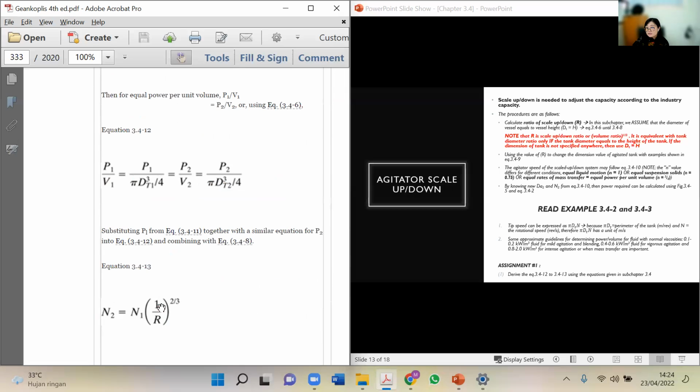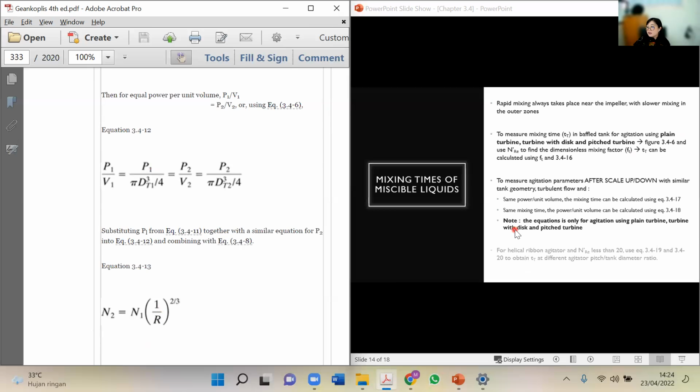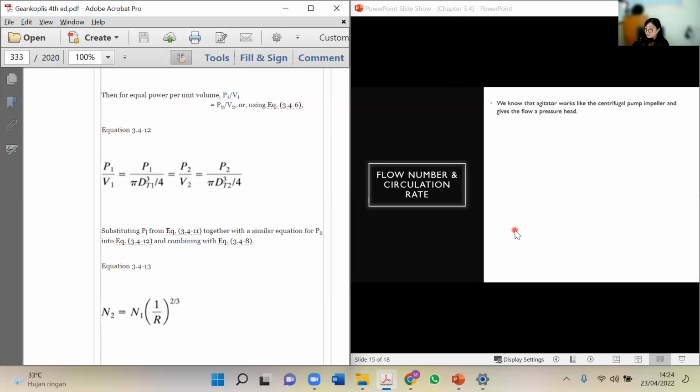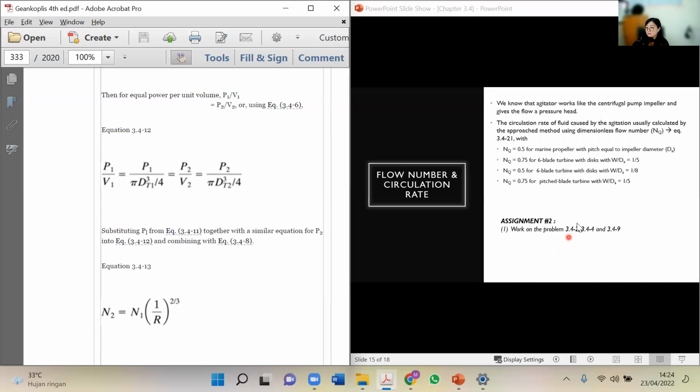Use any mathematical means for you to derive this to this. So that's the first problem that you have to solve. And then the next ones would be the problems 3.4-2, 3.4-4, and 3.4-9 function boxes. So for this subchapter, there are 4 problems that you have to solve.